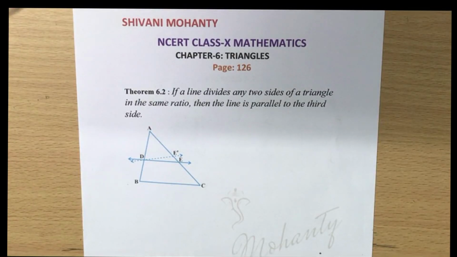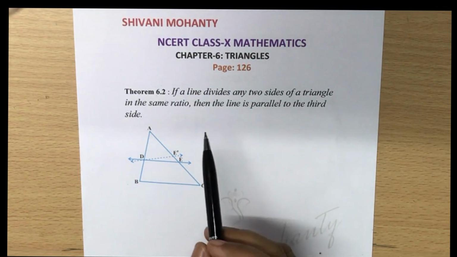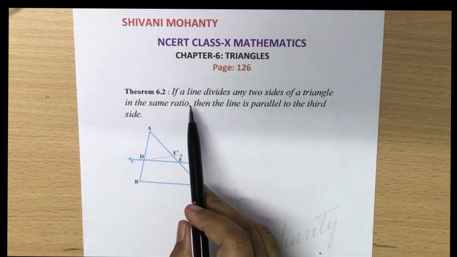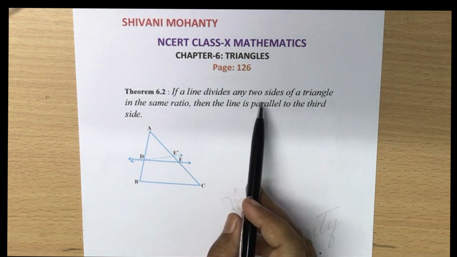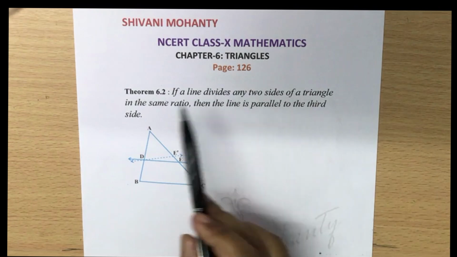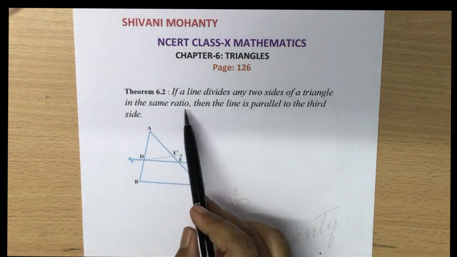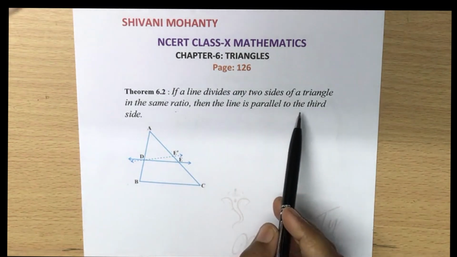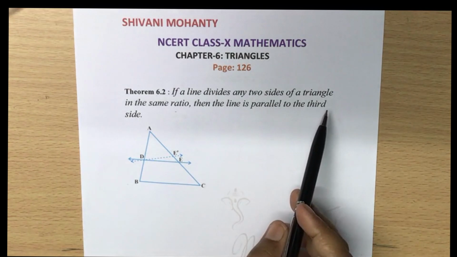Now we go to the second theorem. This theorem is just the converse of the Basic Proportionality Theorem. So let me read the theorem. If a line divides any two sides of a triangle in the same ratio, then the line is parallel to the third side.